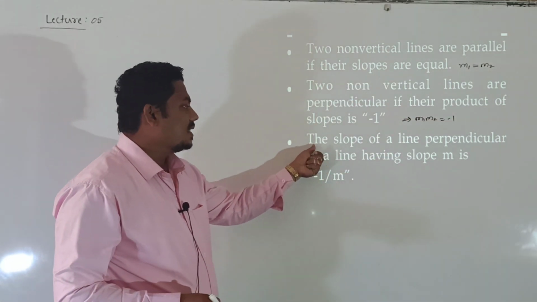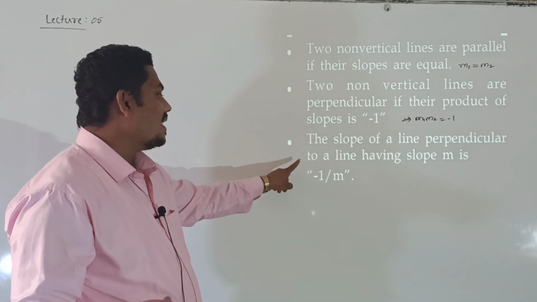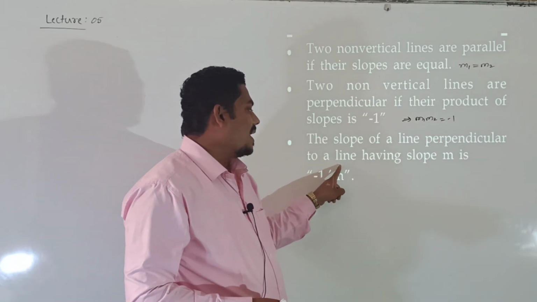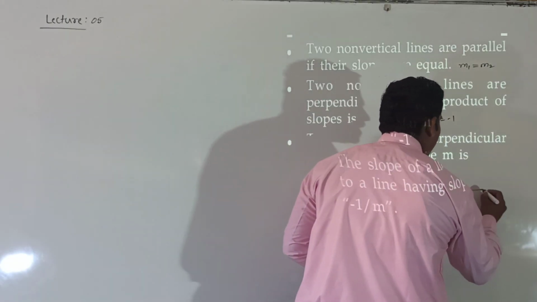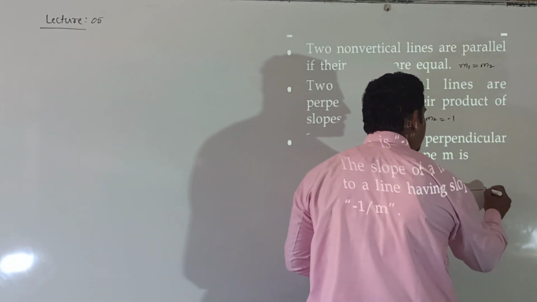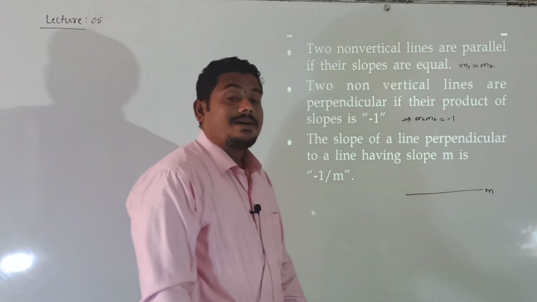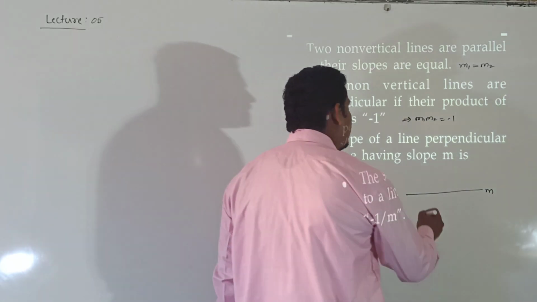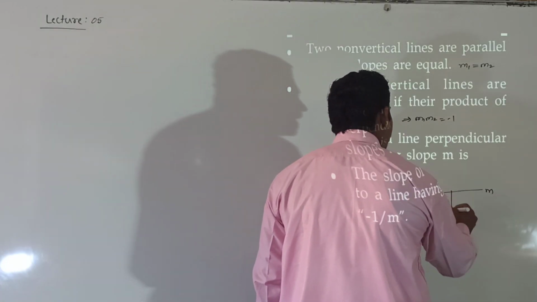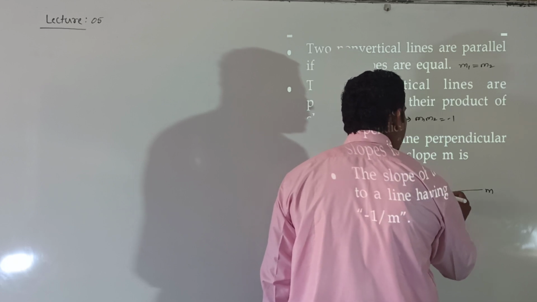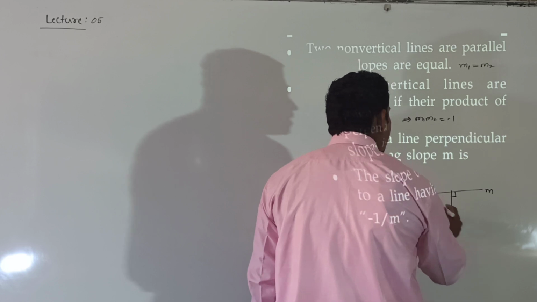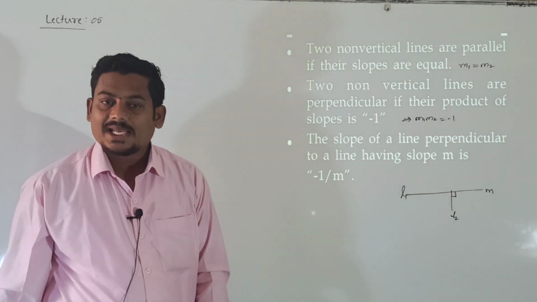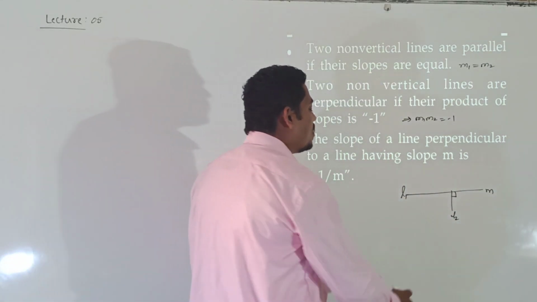Next point, the slope of a line perpendicular to a line having a given slope. Here one of the lines, L1, has slope m. Then what is the slope of the line L2 which is perpendicular to it?